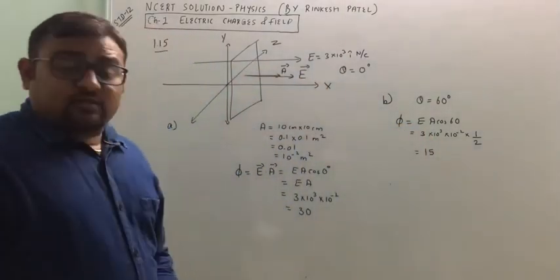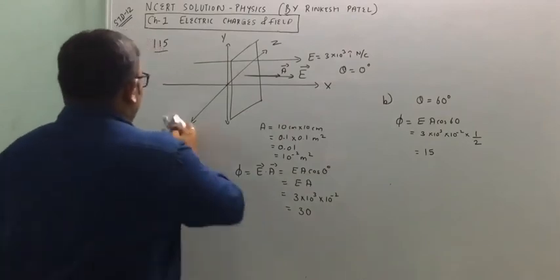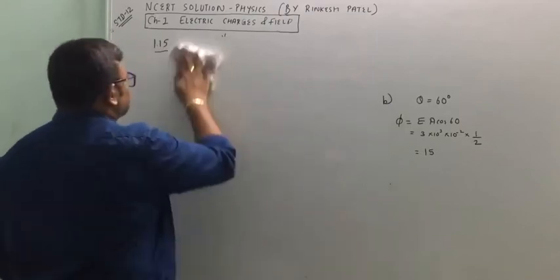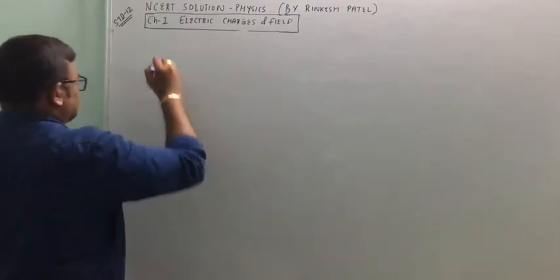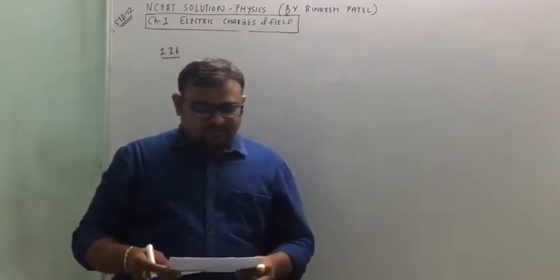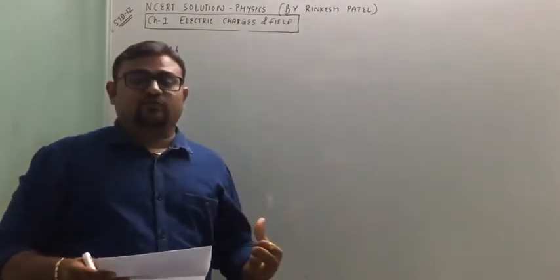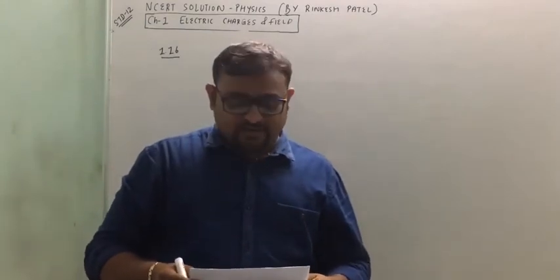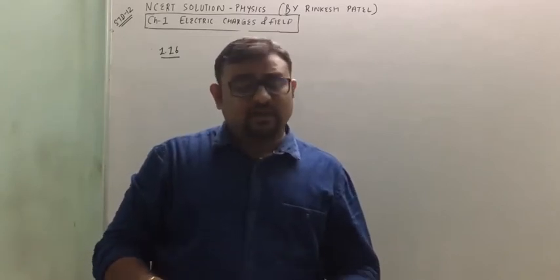Clear? Now let's move to question 1.16. What is the net flux of the uniform electric field in exercise 1.15 through a cube of side 20 centimeter, oriented so that its faces are parallel to the coordinate planes?